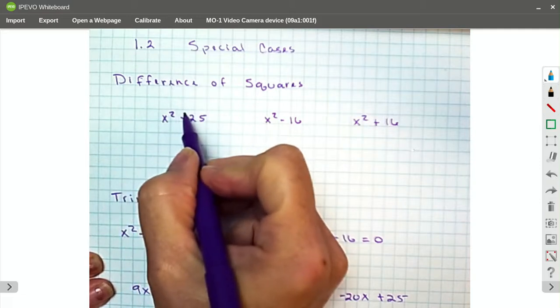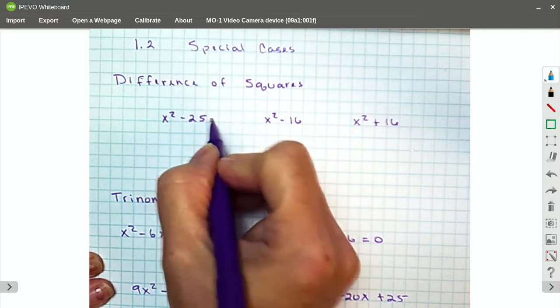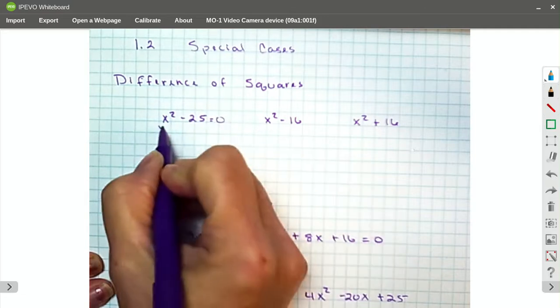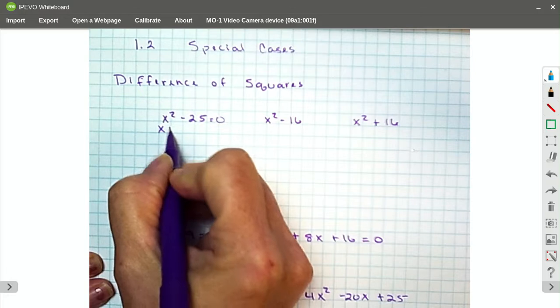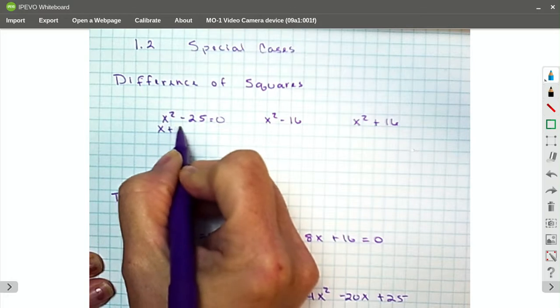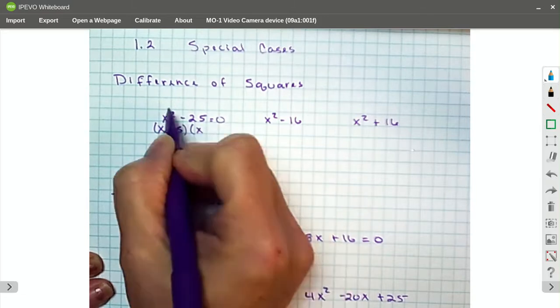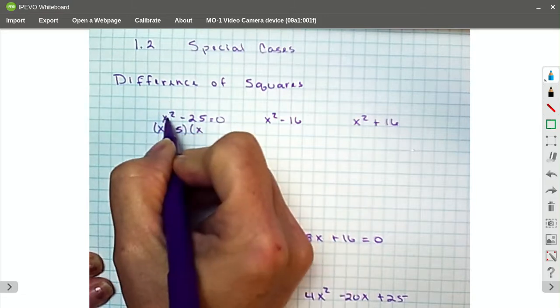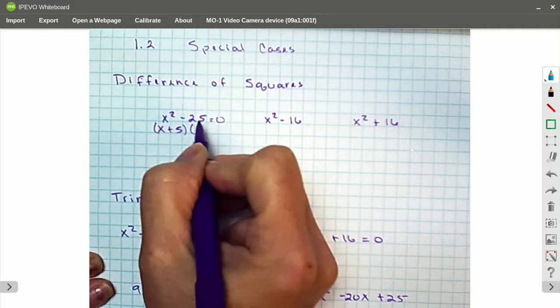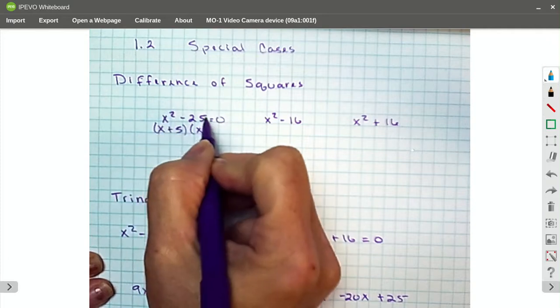You've got to have that subtraction. Then I can factor that, and it will always break down to the sum and difference of their square roots. The square root of x squared is x, and the square root of 25 is 5.